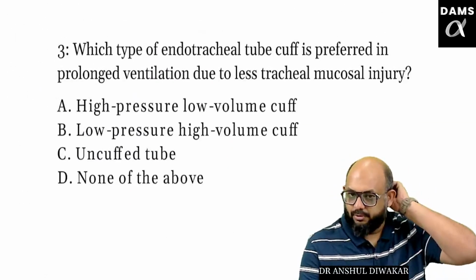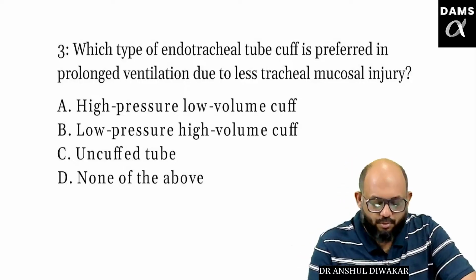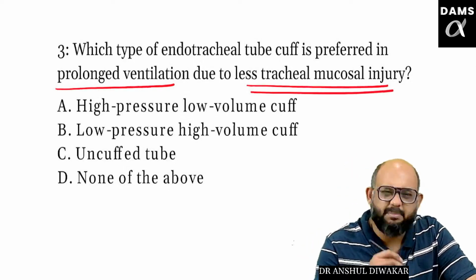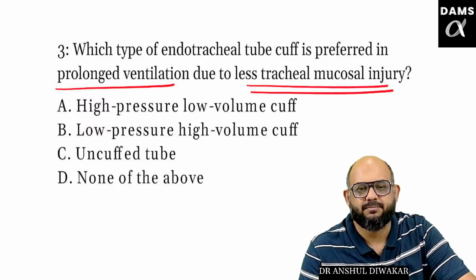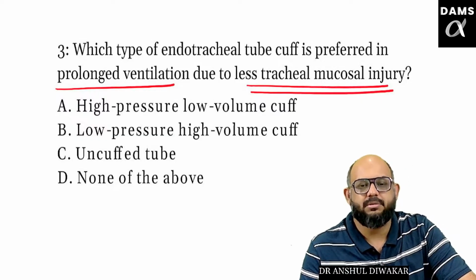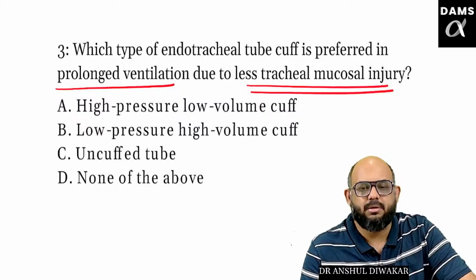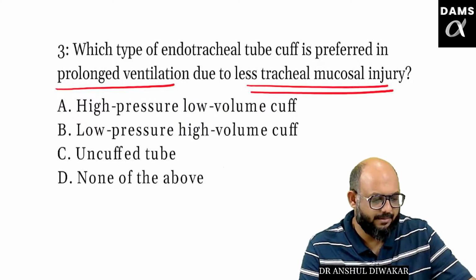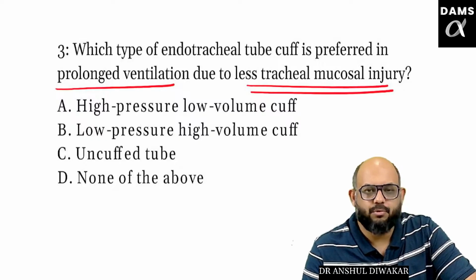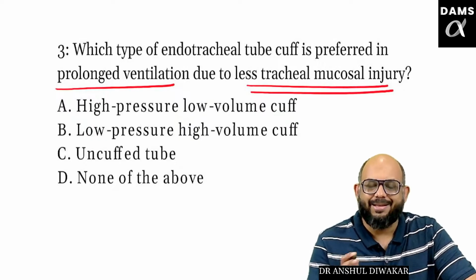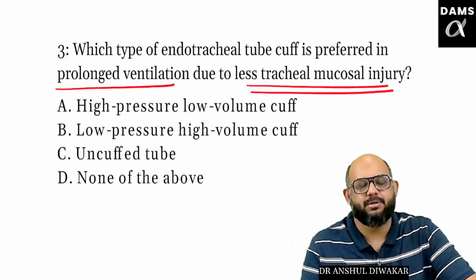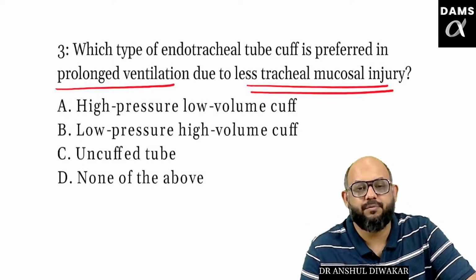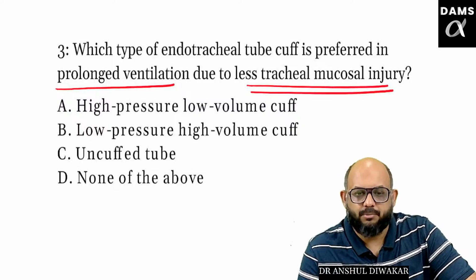Which type of endotracheal tube cuff is preferred in prolonged ventilation due to less tracheal mucosal injury? Practically feeding you the answer. So we know anything that puts more pressure on the tracheal mucosa is bound to cause more risk of tracheal mucosal injury.